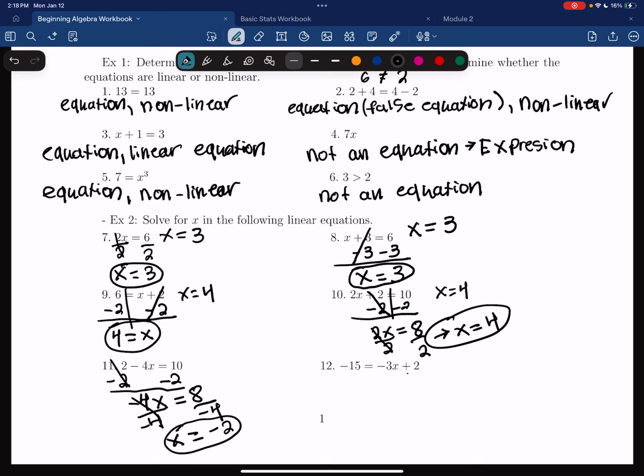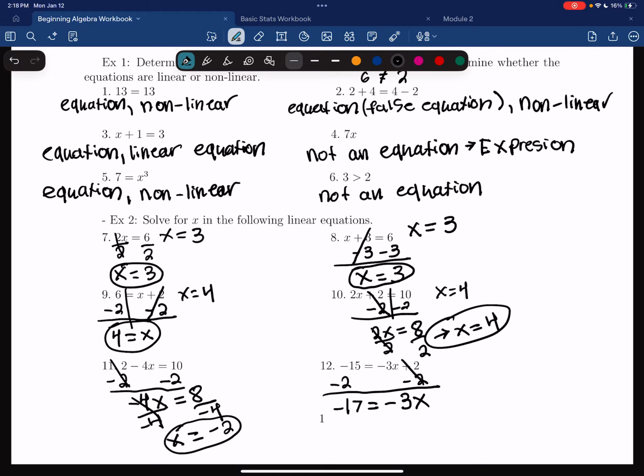And because we're adding 2, we first have to subtract 2 on both sides. So we have negative 15 minus 2, that's negative 17, and that's equal to negative 3x.